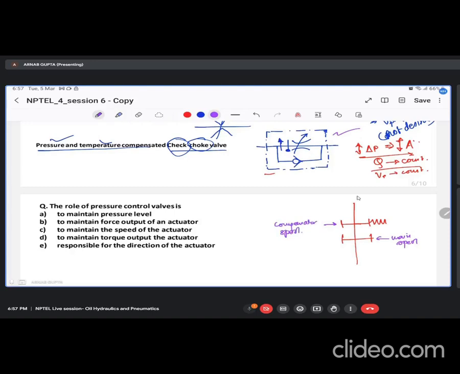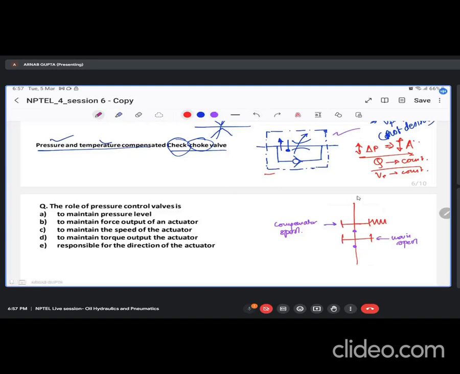What you are doing, you are tapping the pressures across the main spool. If this was not pressure compensated, you wouldn't be having this thing. It would be like this. So now what you are having is this.